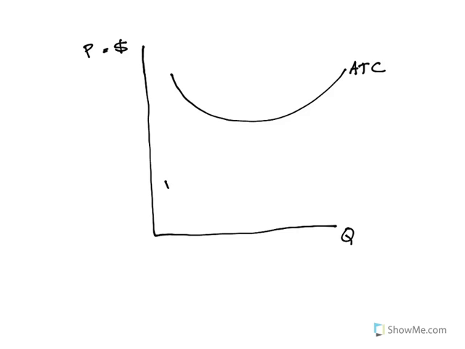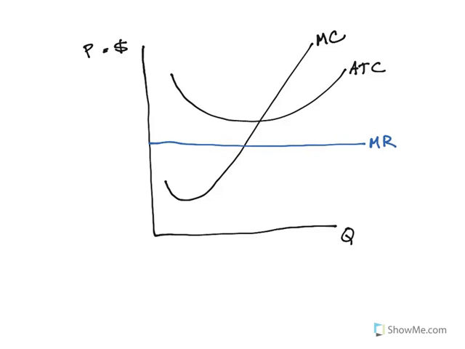Average total cost, marginal cost, and then let's use marginal revenue down here. Now notice that this marginal revenue curve lies completely below the average total cost curve.